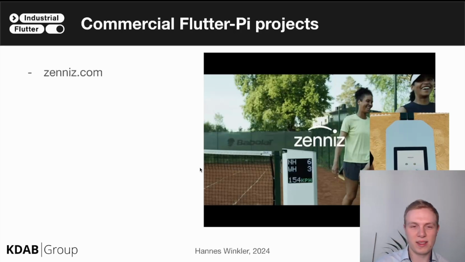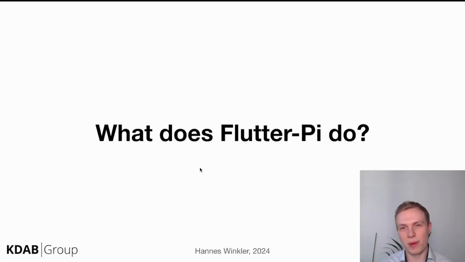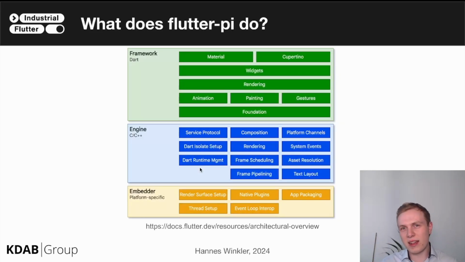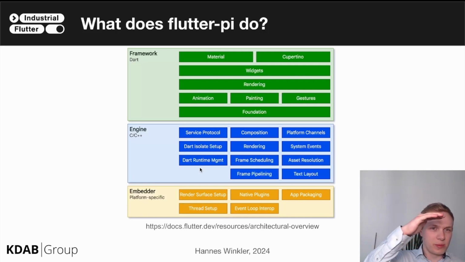Okay, but where does flutter-pi fit in the whole Flutter architecture? This is the architecture diagram that you can also find on the Flutter wiki. And flutter-pi is a so-called Flutter engine embedder. Basically that's the bridge between the Flutter engine and the underlying platform.